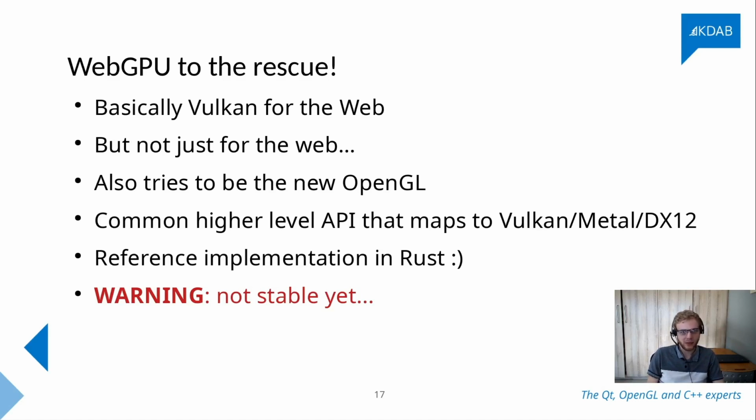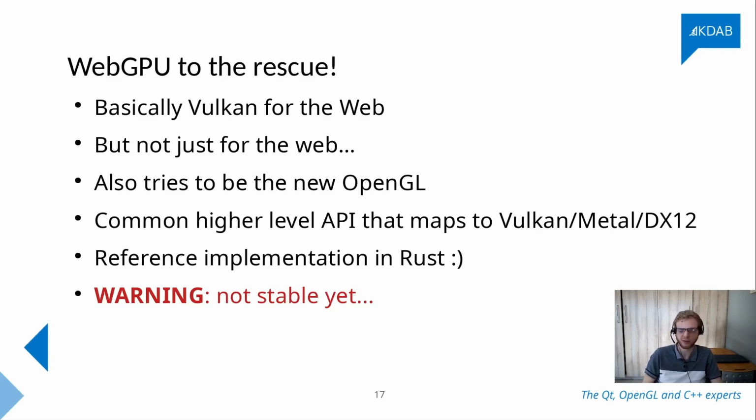So the way WebGPU currently works is they've got two reference implementations for it. One is written in Rust, coincidentally, the one by Mozilla, and then there's also a C++ one from Google. So WebGPU is really just a spec, and then the two reference implementations take this specified API and they translate that into Vulkan, Metal, or DirectX 12.